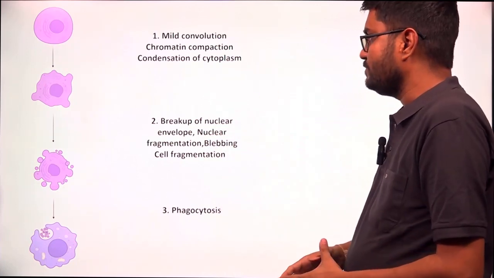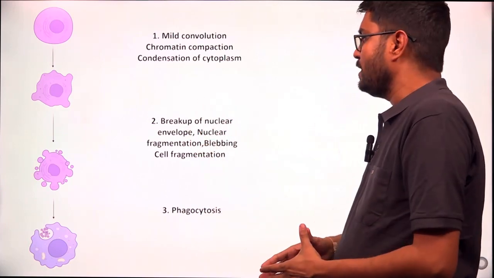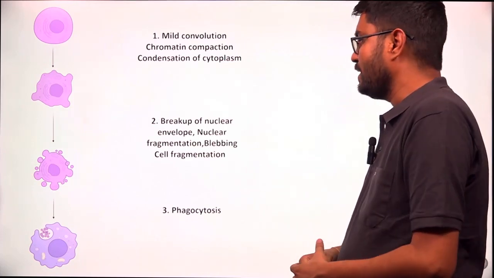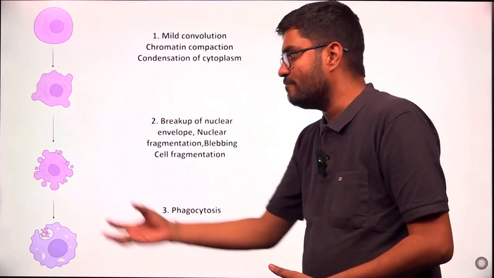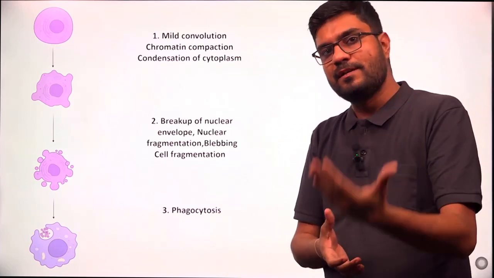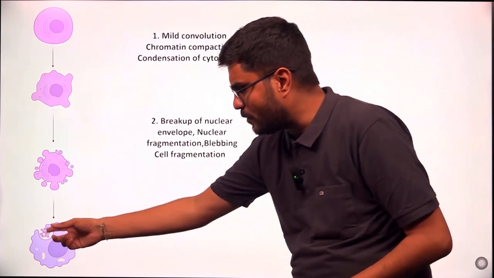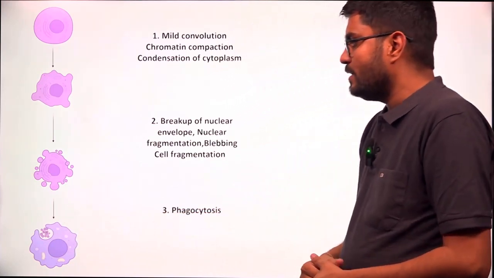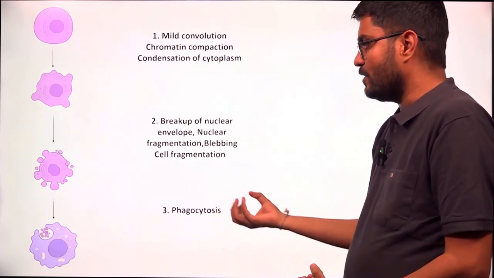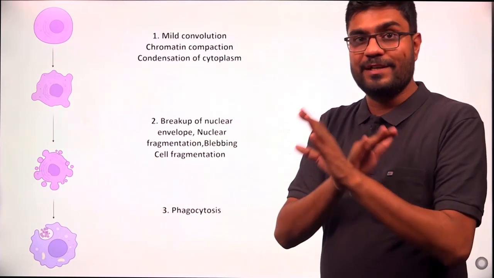In the next stage, there will be breaking of the nuclear envelope, the nuclear membrane will be gone, the nucleus will convert into small fragments, and cellular fragmentation will also start. These small cellular fragments will ultimately be called apoptotic bodies. Once small apoptotic bodies are forming, then the nearby phagocytes will come and do the phagocytosis of these small apoptotic bodies, and our cell will be completely gone.